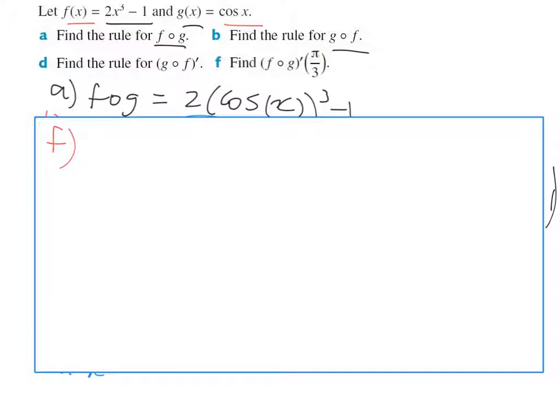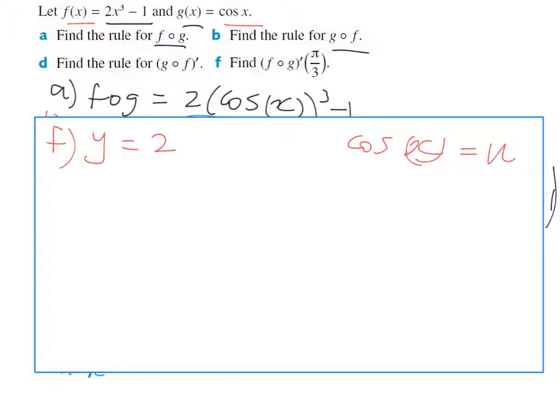In part F, they're asking us to find the derivative of f of g at the point x equals pi on 3. So this is what we've got. That's fog, f of g of x, and we're going to differentiate this. To differentiate that, we've got y equals 2. We're going to let cos x equal u.